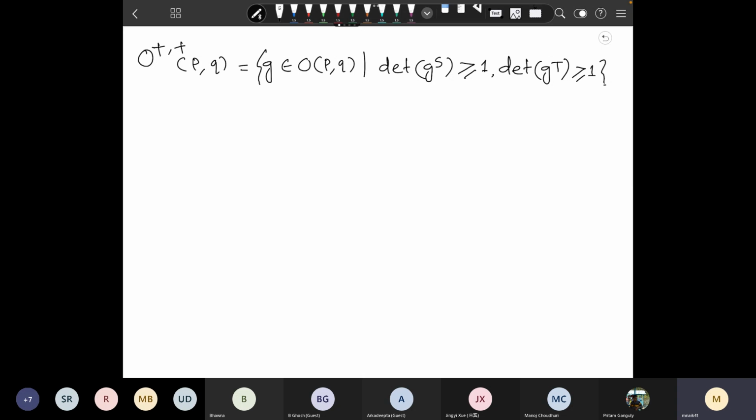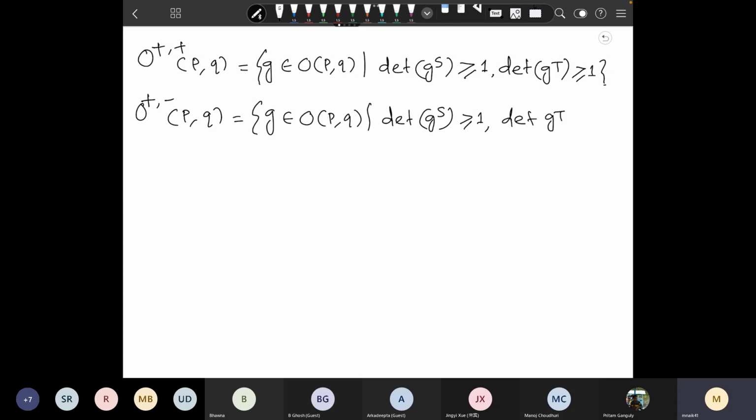This is plus plus, so therefore I am taking plus 1, plus 1. Similarly O plus minus (p,q) is the set of g belonging to O(p,q) such that determinant of g_s is greater than or equal to 1 and determinant of g_tau is less than or equal to minus 1.